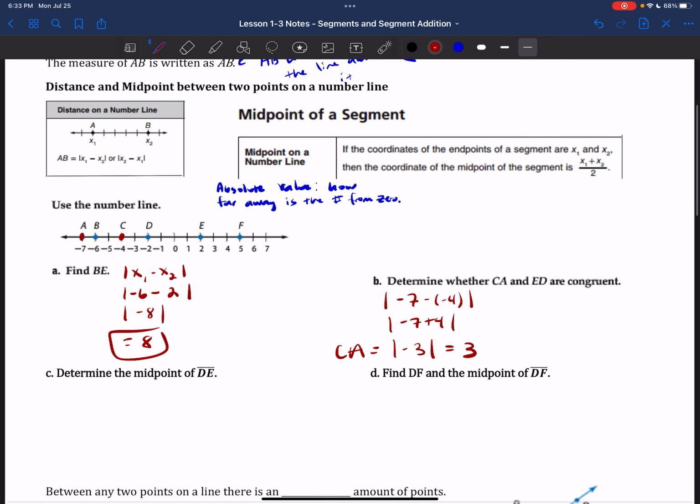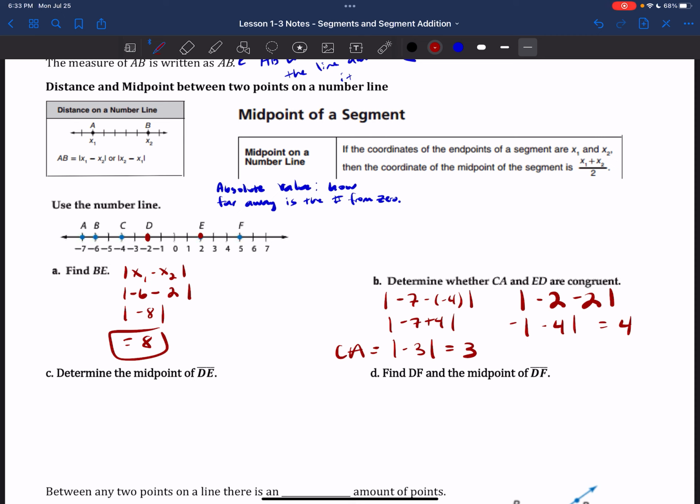For ED, well, ED is right here. So ED, I'm going to write the absolute value of -2 minus 2. And if I do -2 minus 2, that's going to be -4. The absolute value of -4 is just 4, right?